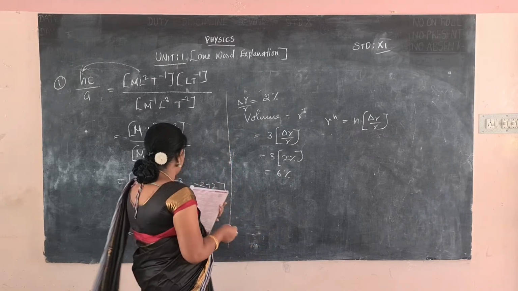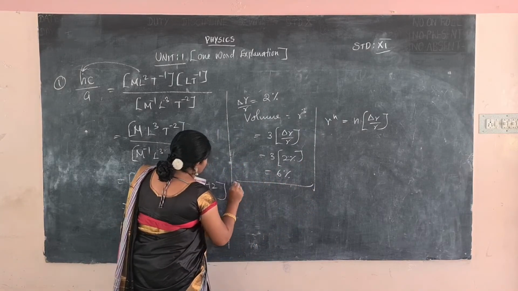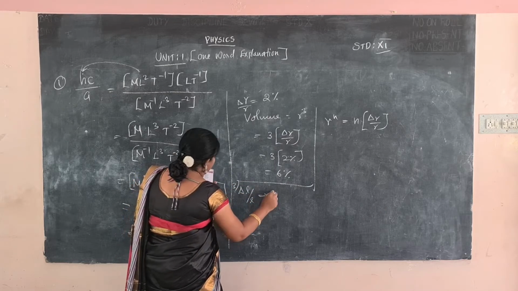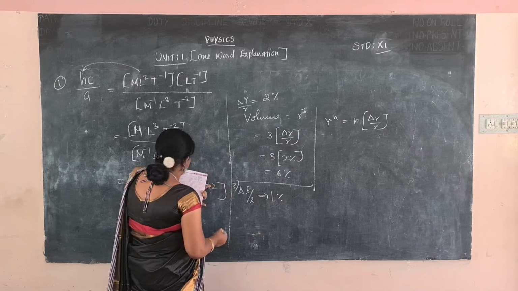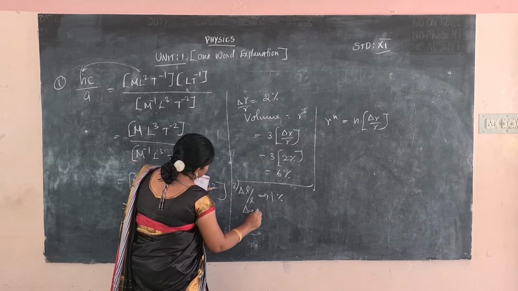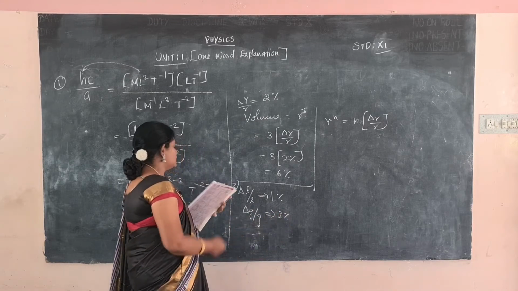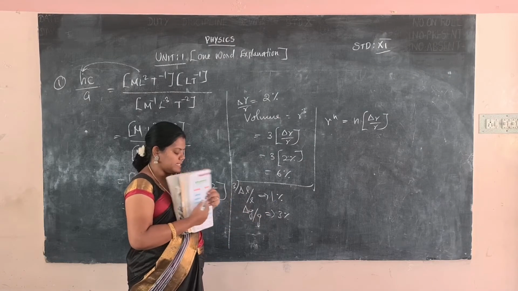The error in length, del L by L, is 1%. The error in time period, del T by T, is 3%.